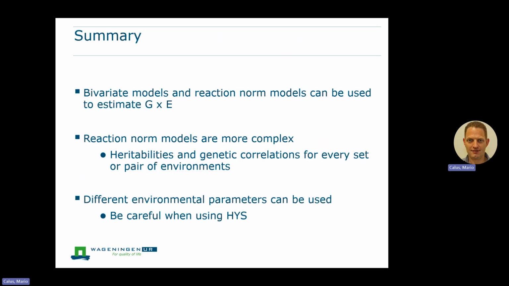You have to think more about how to translate the outcome to what you're actually interested in, but you also have to be critical to the estimates that you get. And different environmental parameters can be used in reaction norms. Typically, we use herd season estimates, but you have to be careful with this approach as well. So that's what I had for this part.